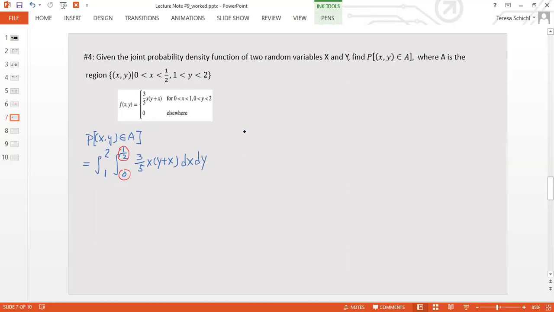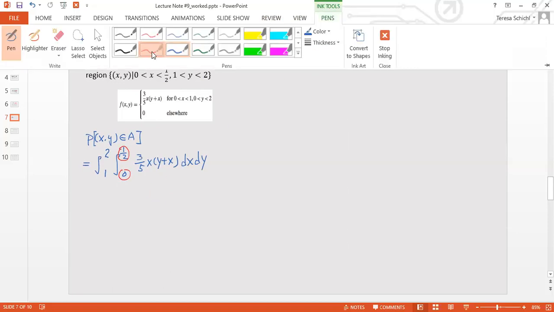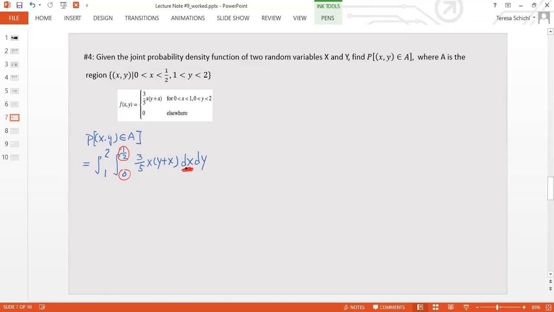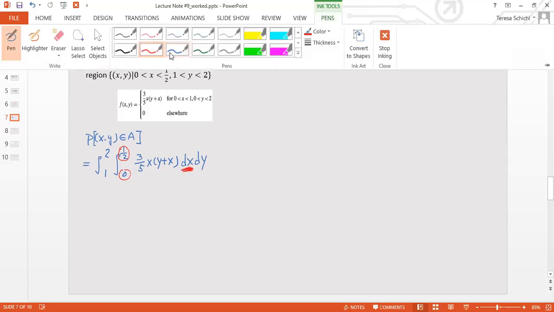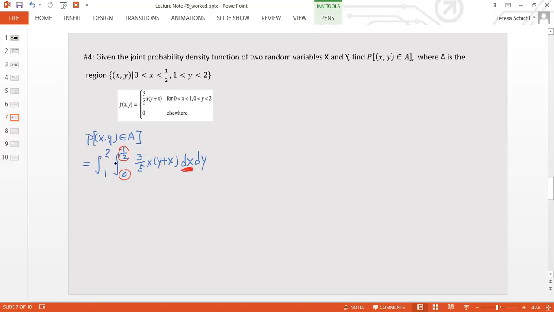For this problem, I will show you a little bit of the double integration. The first one you integrate is the variable x, so you treat y as a constant, right? If you use the distributive property, this gives you 3/5 xy plus 3/5 x squared.